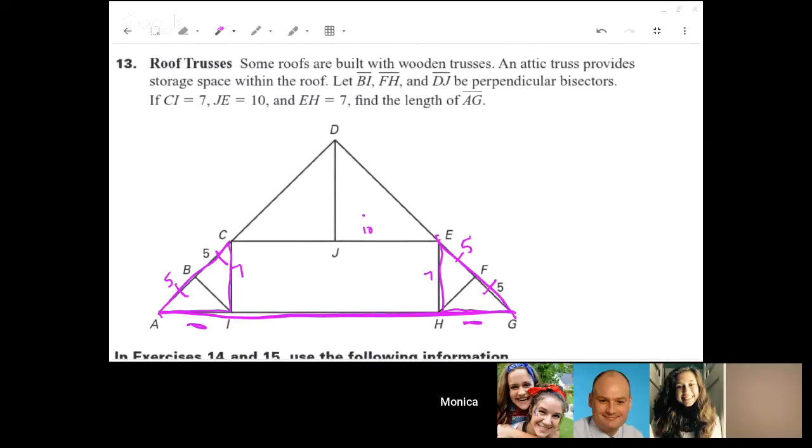Now, if you look back in the chapter at theorem 5.2, what does that tell us then about the lengths of HG and AI?